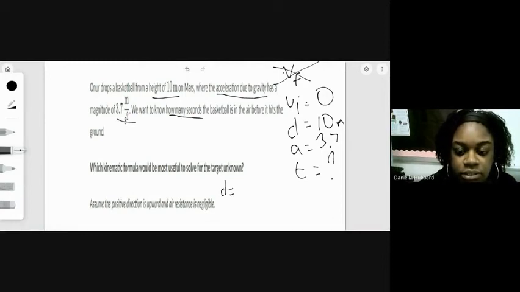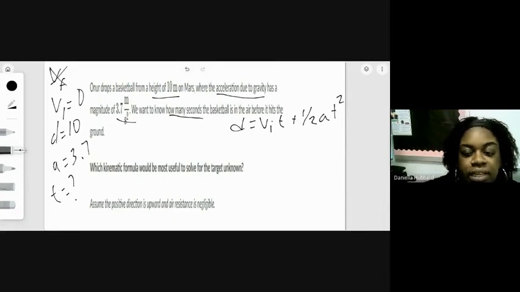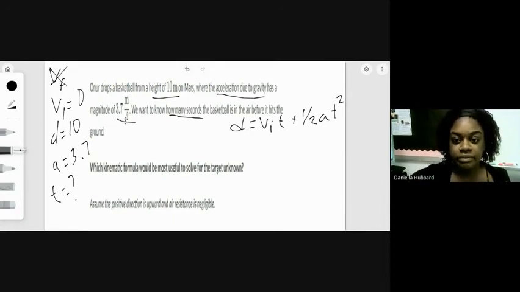D equals VI T plus 1/2 AT squared. Okay, so now we're going to take our information and just plug it into our equation.